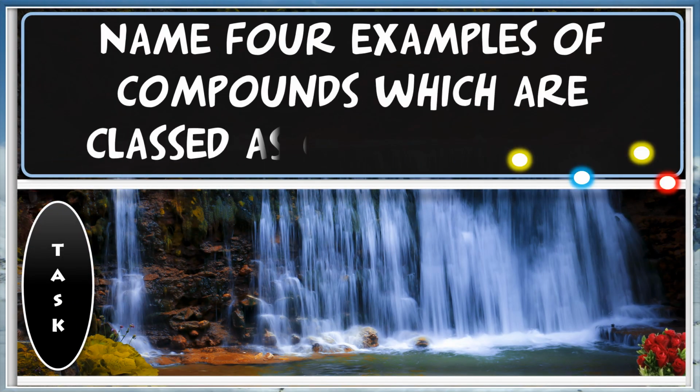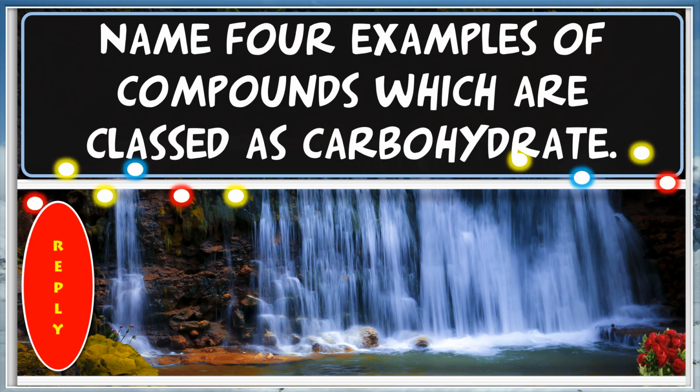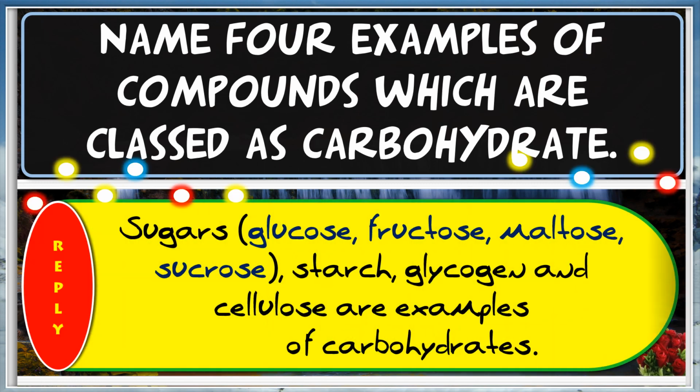Name 4 examples of compounds which are classed as carbohydrate. Sugars, we have glucose, fructose, maltose, sucrose, starch, glycogen, and cellulose are examples of carbohydrates.